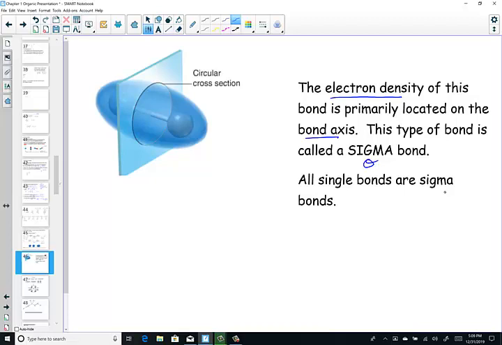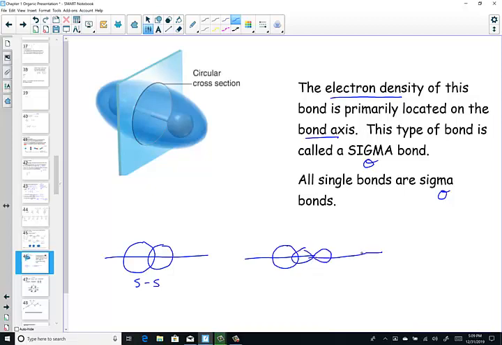All single bonds are sigma bonds. So for instance, if an S overlaps an S orbital, it's lying on the same axis, an S-S overlap is a sigma bond. I could have an S-shaped cloud overlap a P-shaped cloud head to head, and it would still have, now of course I should have drawn those actually overlapping, that would have been better.